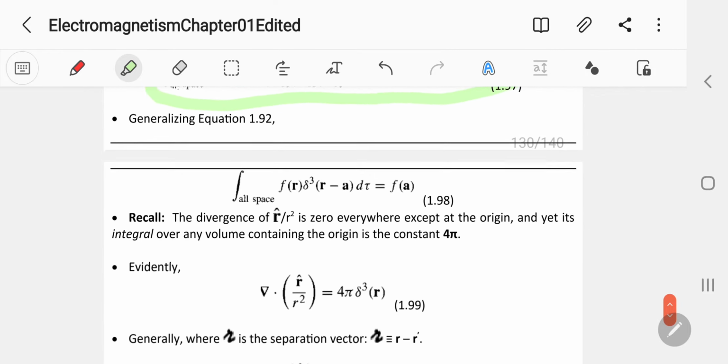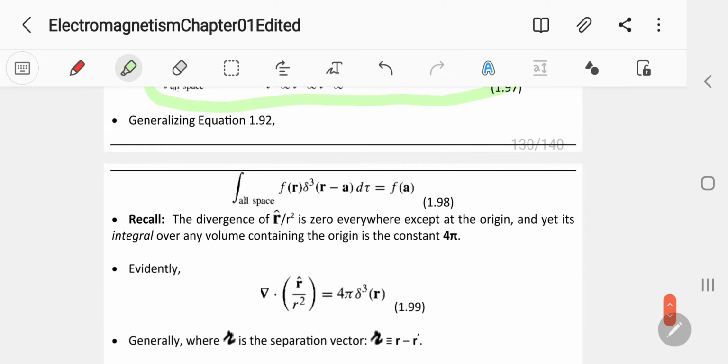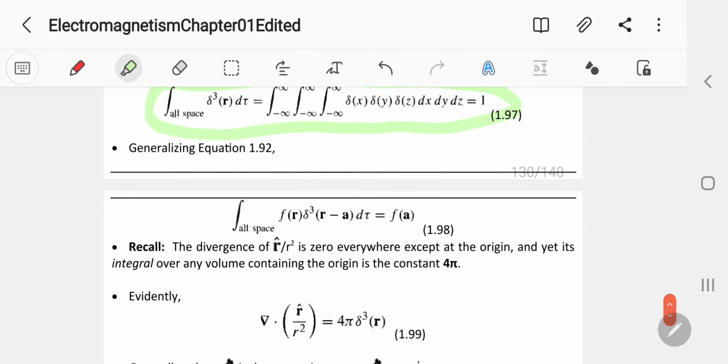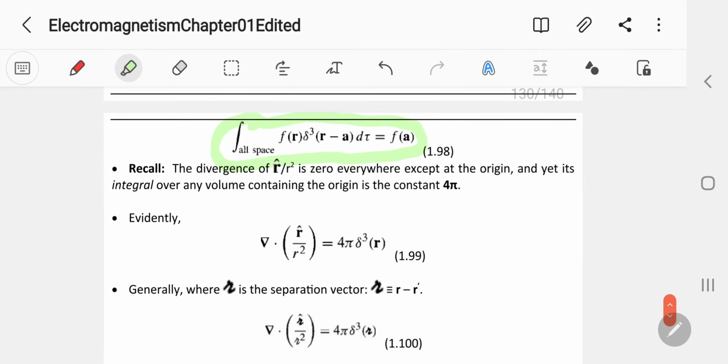So if you have a function which is a function of a vector, then the integral would just be this one here. So therefore this is a Dirac delta function. That's 4 pi delta cube of r.